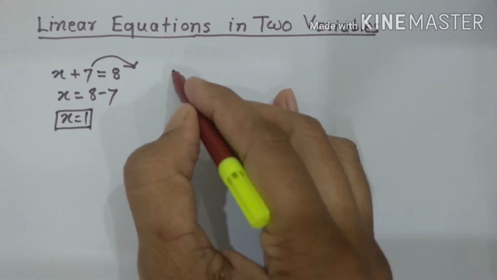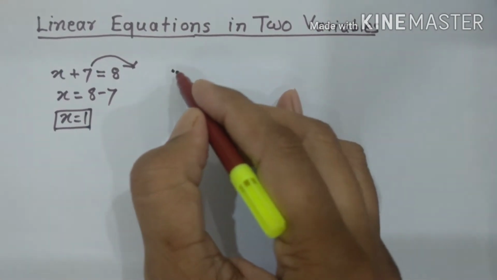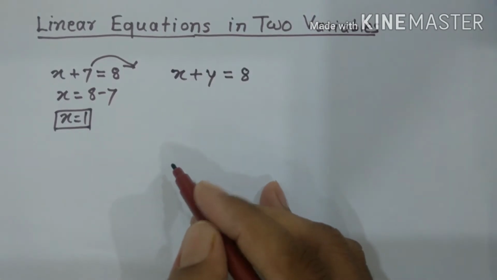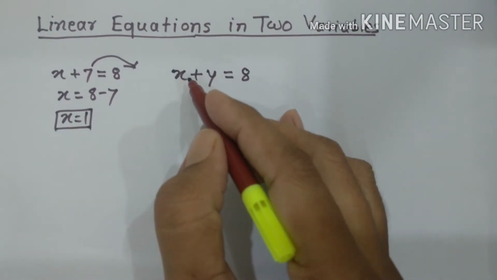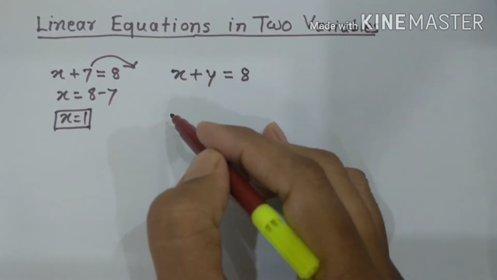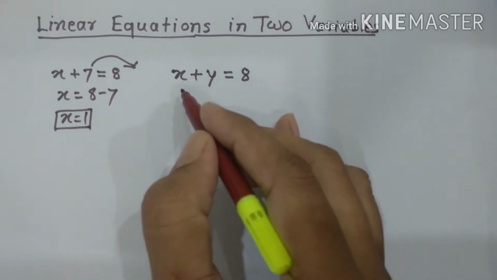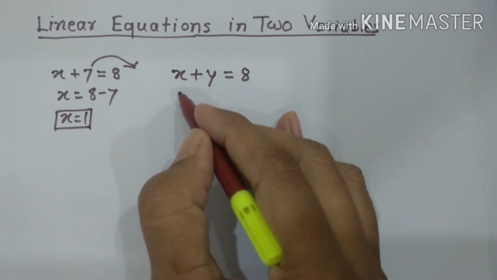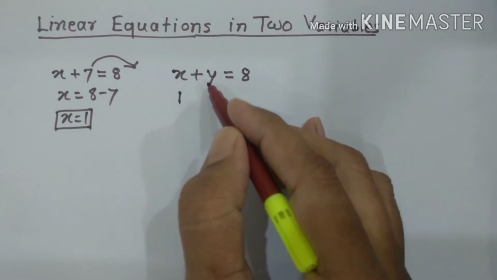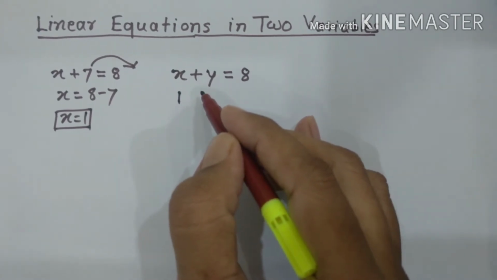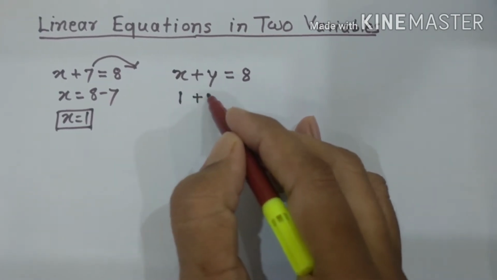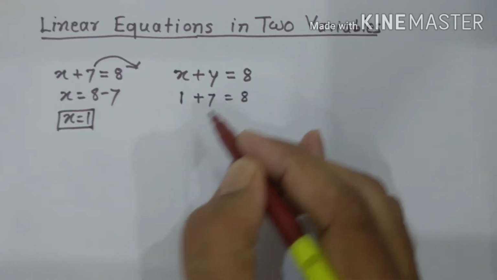But what about the equation which contains two variables? Can you find the values of the two variables? If I assume the value of variable x is 1, then the value of variable y will be 7, because 1 plus 7 equals 8.